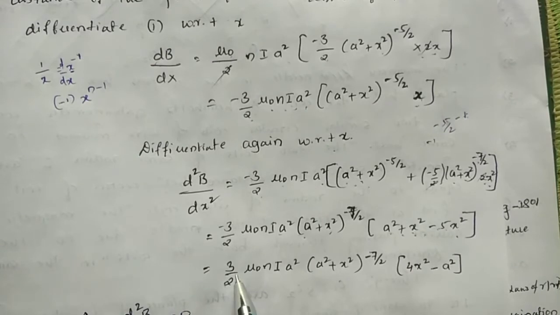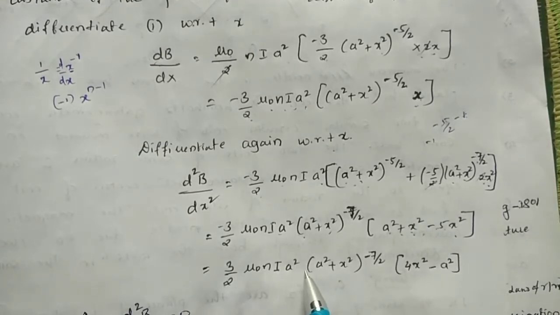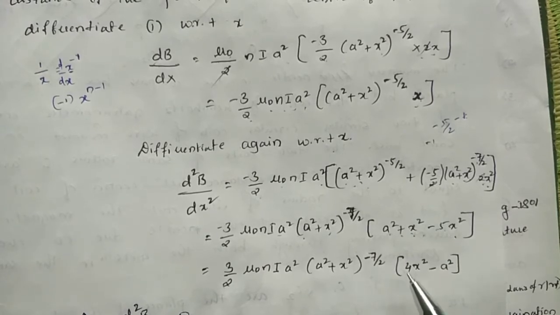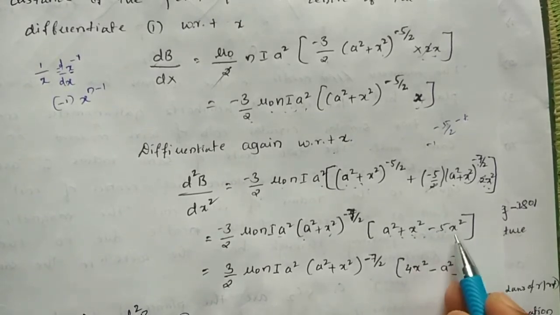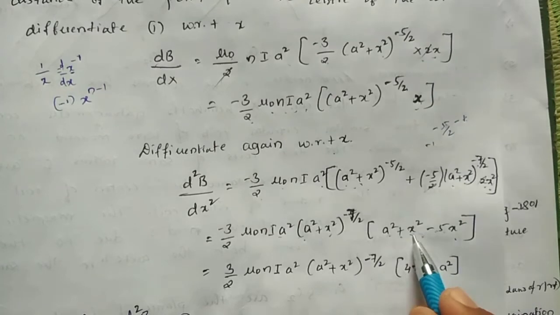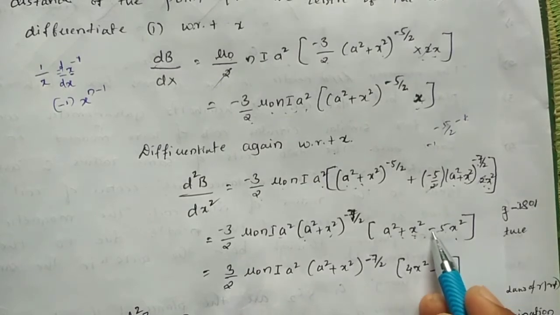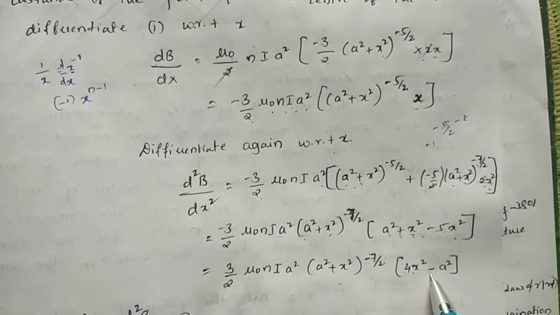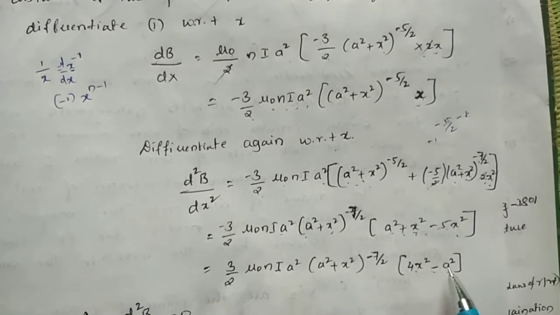So equal to 3 by 2 mu naught n I, (a square plus x square) whole raised to minus 7 by 2, and here minus 5x square is minus 4x square plus a square. So for the calculation purpose you have to reassign the signs. So 4x square minus a square we got.